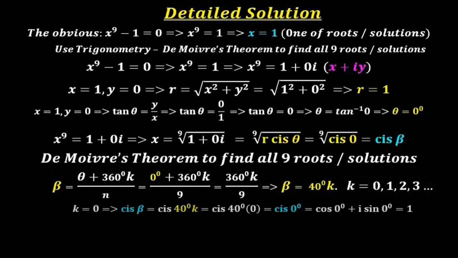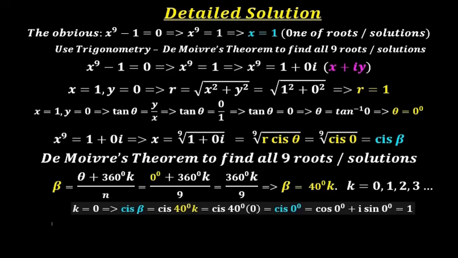So when k is 0, cis beta equals cis 40 degrees k. But k is 0, so that's cis 40 degrees times 0, which is cis 0 degrees. That is cosine 0 degrees plus i sine 0 degrees, which is equal to 1.